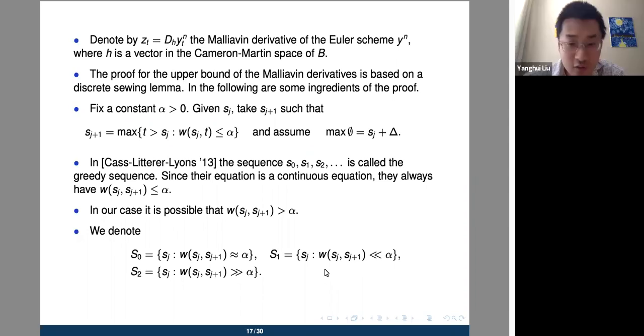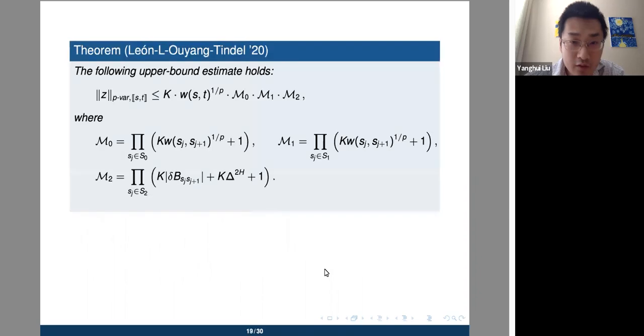Yeah, very good question. Later in the last part, I will quickly explain how I show the integrability of M0. I will apply the Borell inequality to bound M0, but this proof only works when the step is a medium size, not big, not small. That's why I take M0 out.